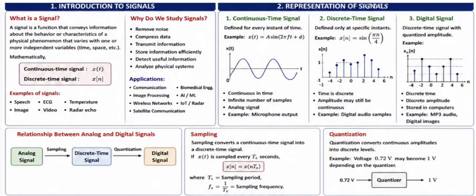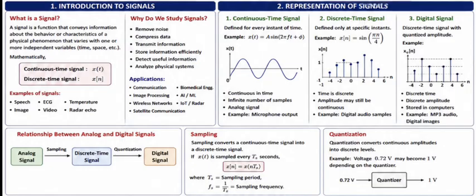Coming to the representation of the signal, I can represent it as a continuous time signal, a discrete time signal, or a digital signal. First, starting with the continuous time signal, we have an example x of t equal to A sine of 2 pi f t plus phi. This is a continuous time signal.